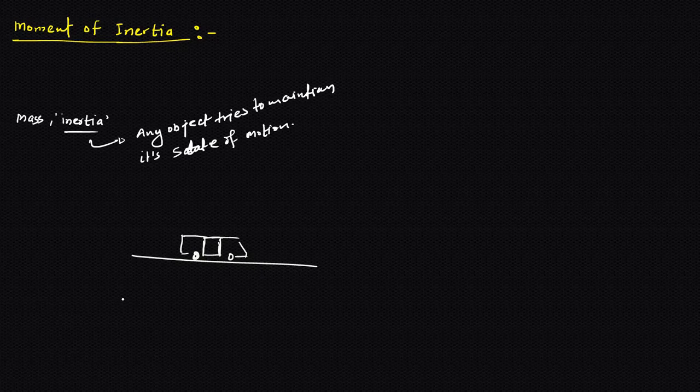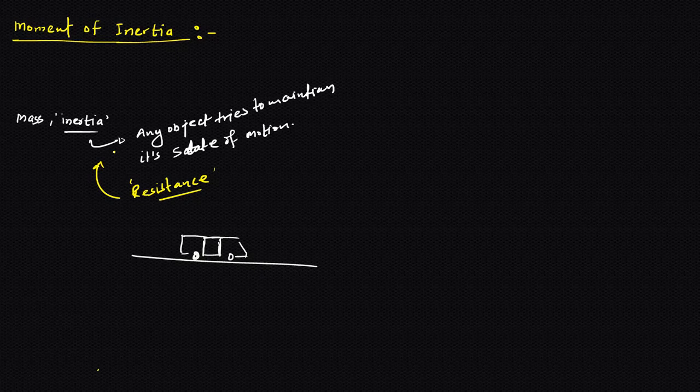So there is a resistance to change its state of motion, and we can say it is a kind of inertia. We also have inertia: when you want to wake up in the morning, there is some kind of inertia to continue the sleep. Some such property in the object is the inertia.